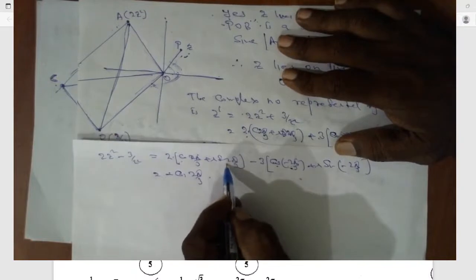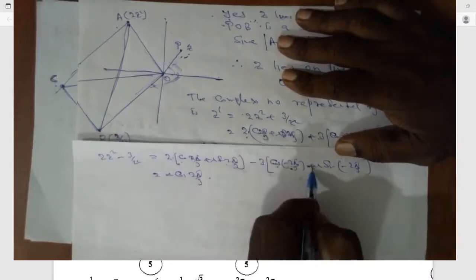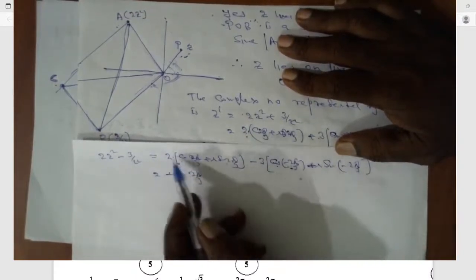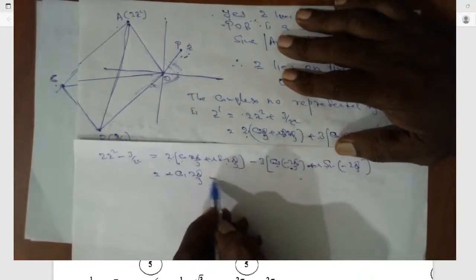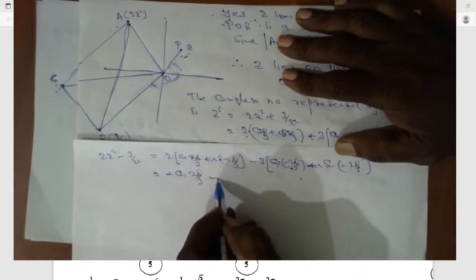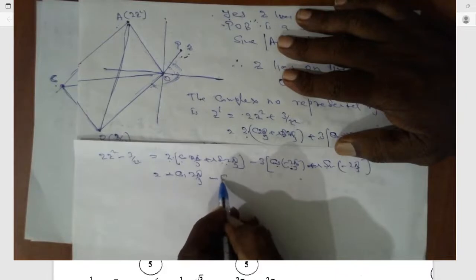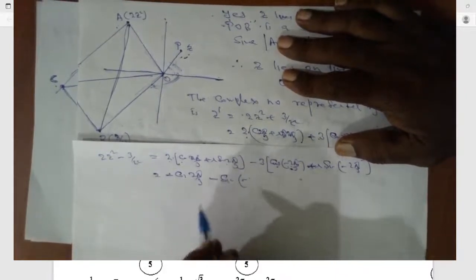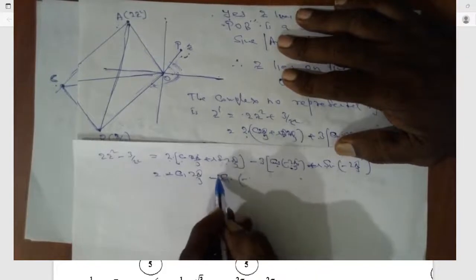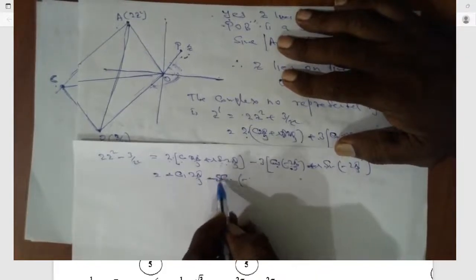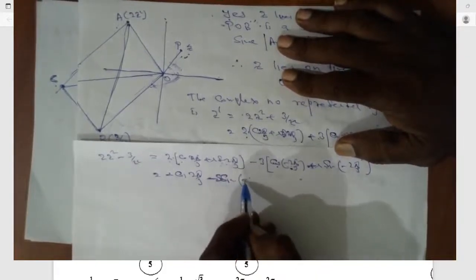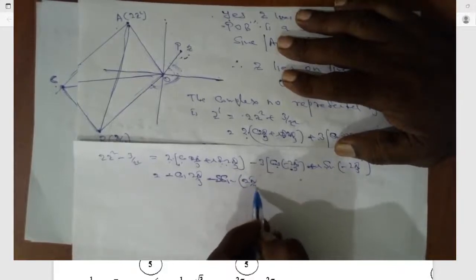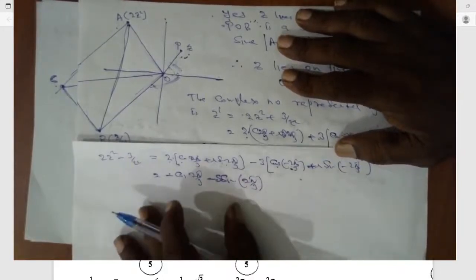So if you simplify, minus 2 minus this equals minus 5 cos 2 pi by 3. Here sine minus theta equals minus sine theta.